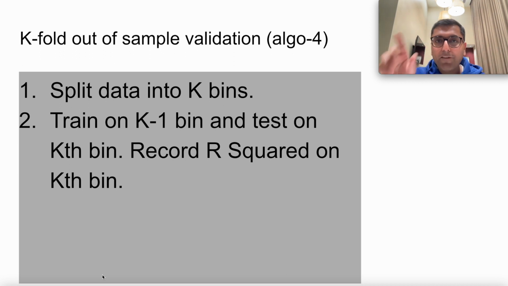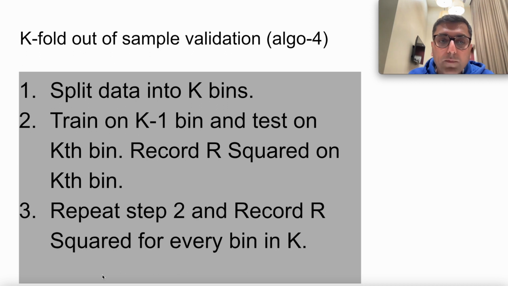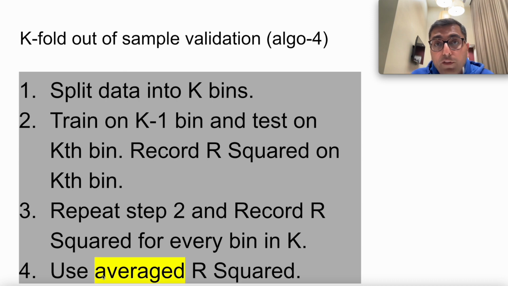So you do it for every bin. First you start with the first bin as the testing data set, then you calculate the R squared, then you do the second bin as the testing data set, and everything else is the training data set. Then you keep calculating R squared for all of these 10 times if it is 10-fold. And then you take the average of the R squared of those 10 bins.